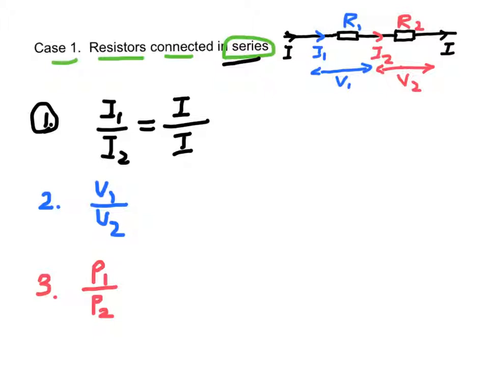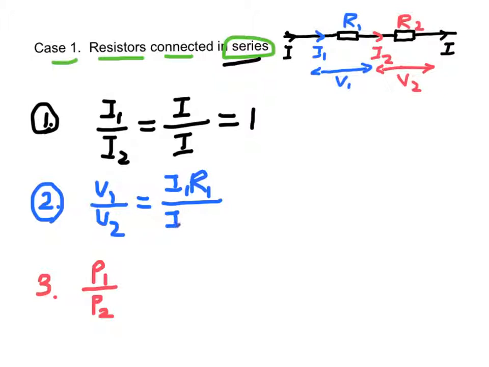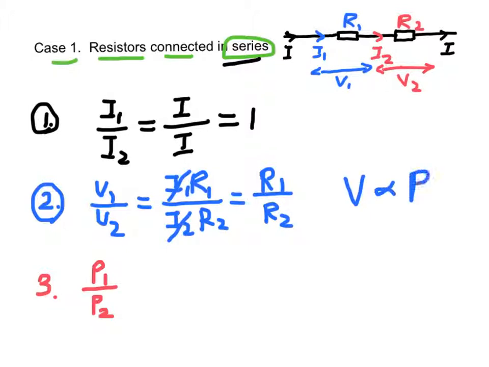Therefore, I1 over I2 equals 1. Second, the ratio V1 over V2 equals I1R1 over I2R2, equals R1 over R2, because I1, I2 are the same. Hence, in series connection, the voltage is proportional to the resistance.